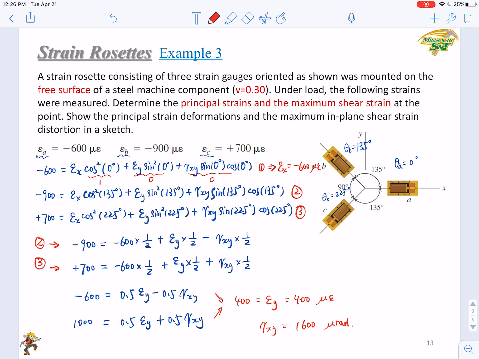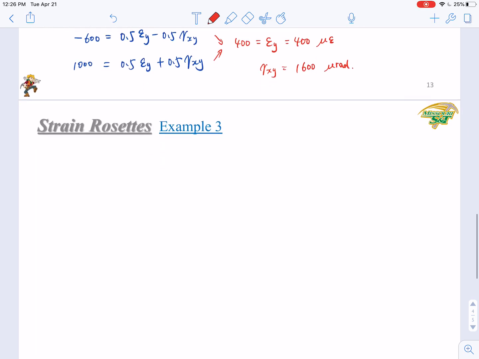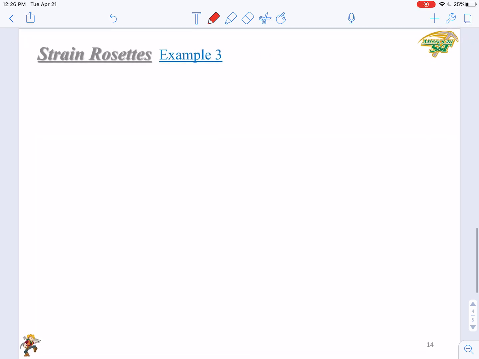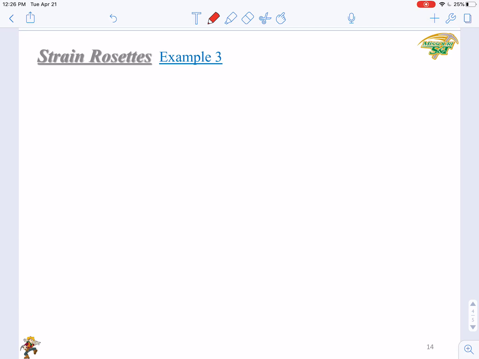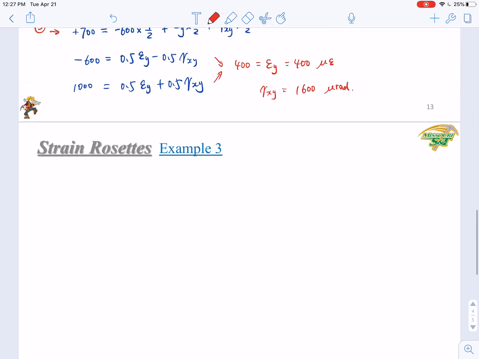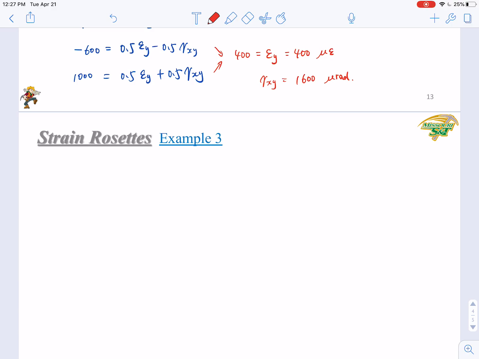So after that, let's determine the principal strains and maximum shear strain. This is the next step. First of all, let's list these values.